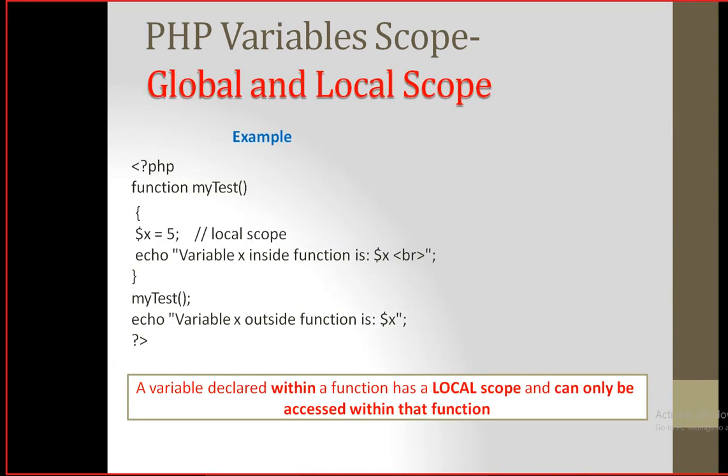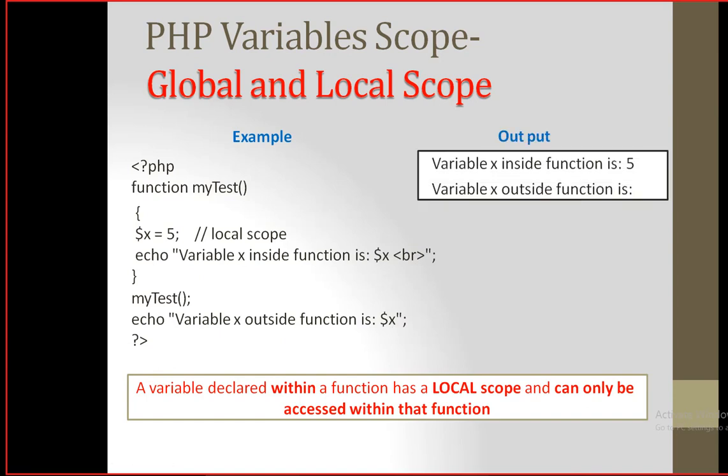The very opposite is local scope, right? So here in this script, we have a function in which we have created a variable, and there itself we are trying to print it, right? So here obviously it will get printed. But when we are trying to print the value of x outside the function, definitely it won't be accessible and it will not print, right?